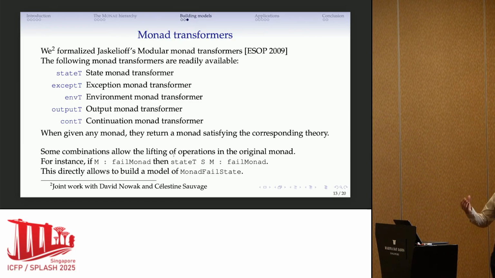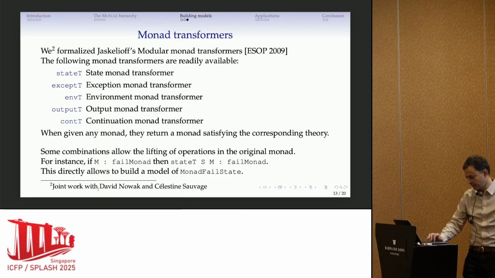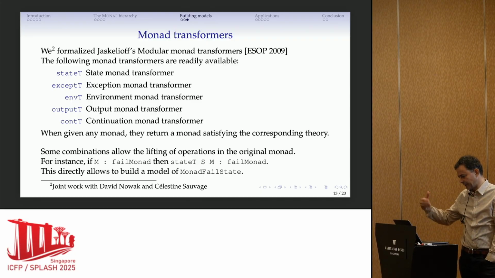And next, for monad transformers. What was done in the joint work with Nova is formalizing modular monad transformers, and in practice implementing those monad transformers that can then be freely used to combine with other existing monads.